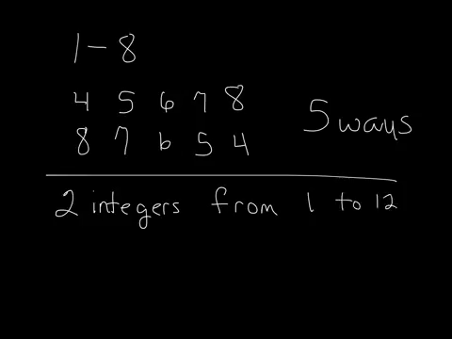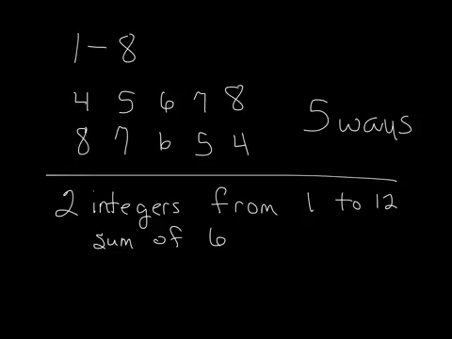How many different ways can we get 2 integers whose sum is 6? Think about that for a minute, and then let's talk about it. See how many different ways you come up with that you could get 2 integers whose sum is 6.